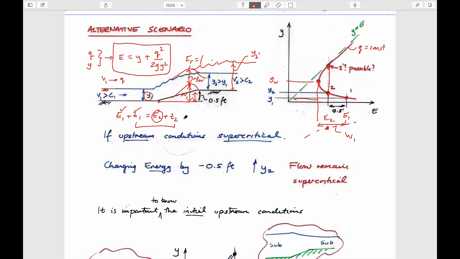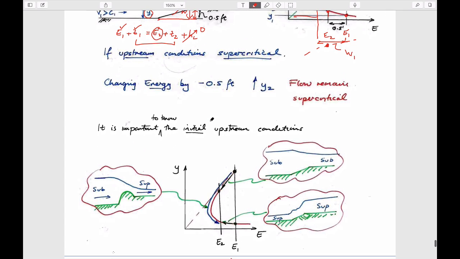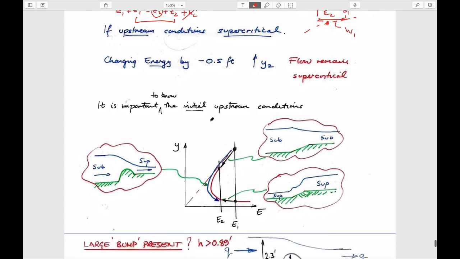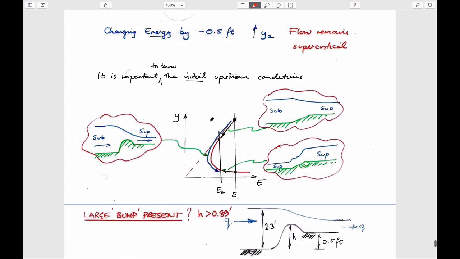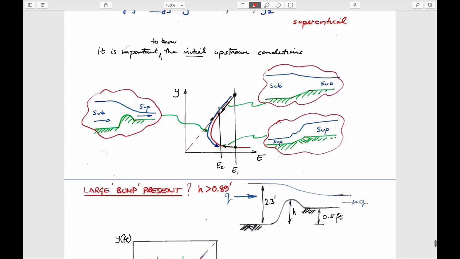Because we've thrown away this other term, which is HL, which is 0, and HL is just the slope of the energy grade line, which in this case is flat. Okay, so that's it. And so we can make it more complicated by looking at different things, but maybe this diagram epitomizes exactly the case.